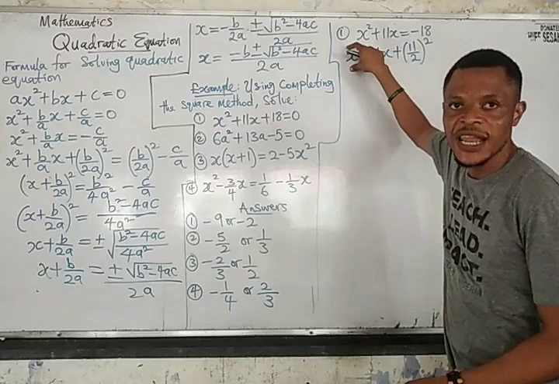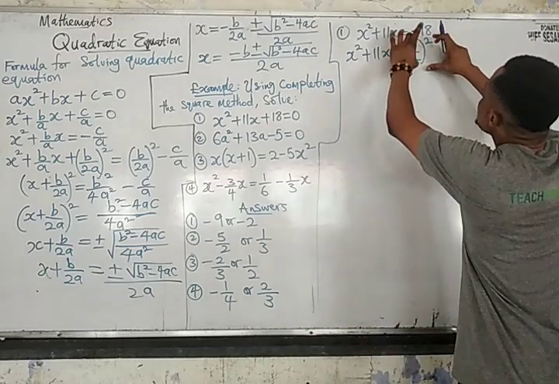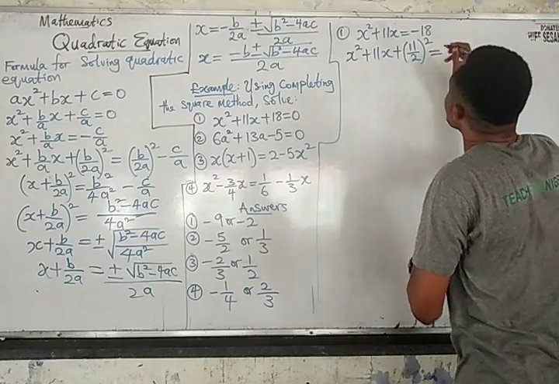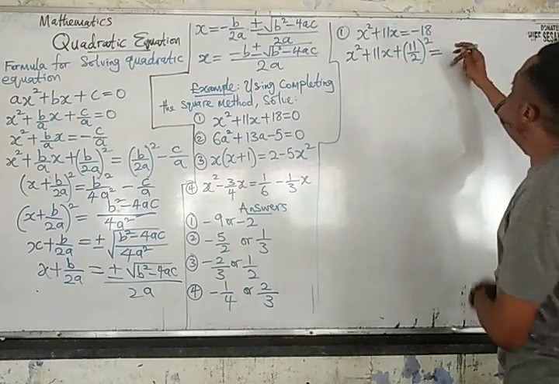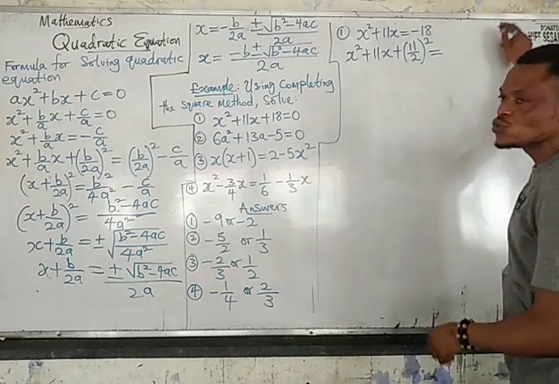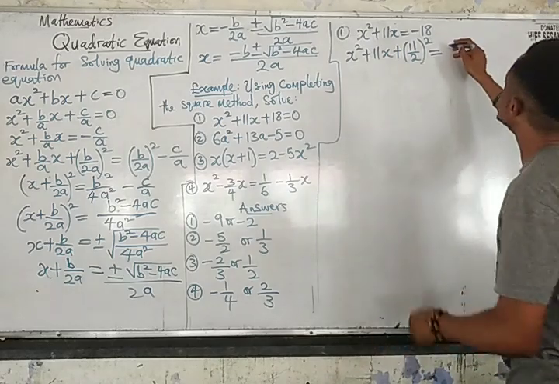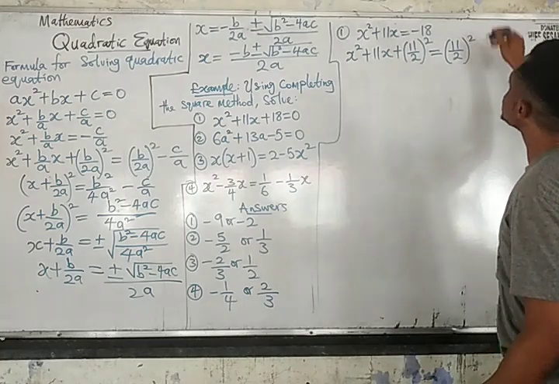That's what we are adding to the left side and also to the right side. So this same value here again, I'm adding it to minus 18. I can choose to say minus 18 plus 11 all over 2 squared. At the same time, I can choose to write 11 all over 2 everything squared.